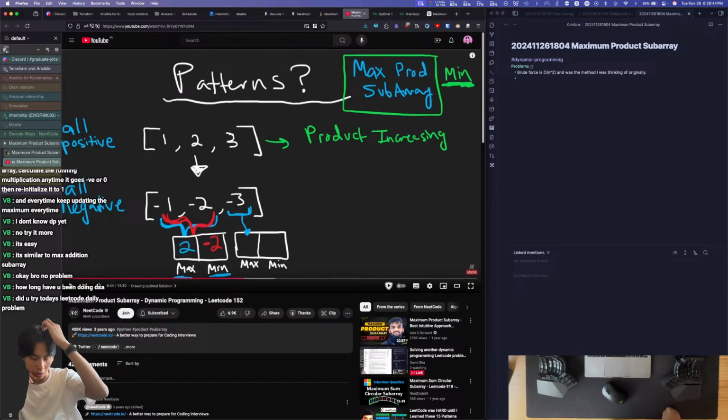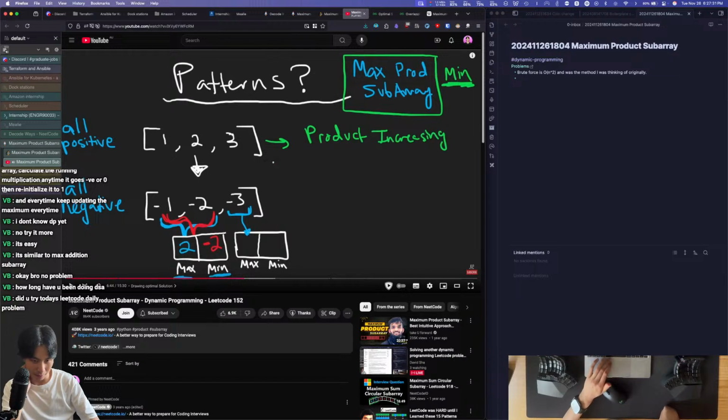So sure, because then we can use the min times the negative 3 if it's a negative number to get a greater max, 6. Yeah, so it's like taking the magnitudes. It's the subproblem of maximum product subarrays.